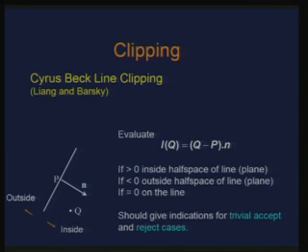For instance, if I figure out that the point Q turns out to be inside with respect to all the edges of the window, then the point is going to be inside the window itself. And if this is the case for the two end points of the line, then the line is inside the window.